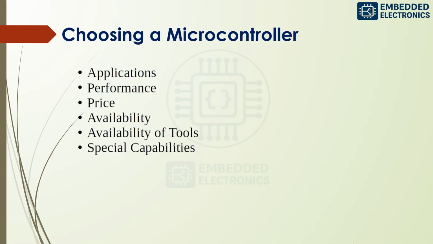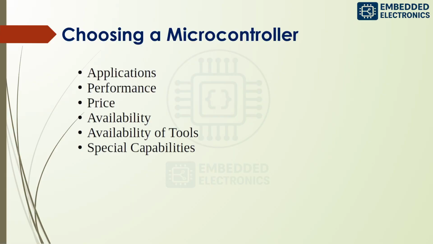Now, how to choose a microcontroller for your project or for your applications? This is the first and important question before picking any chip. You must know exactly what your device needs to do. The application decides everything else: speed, memory, in-out pins and more.